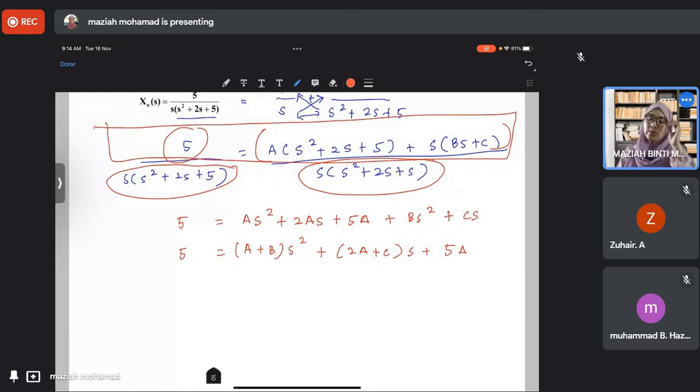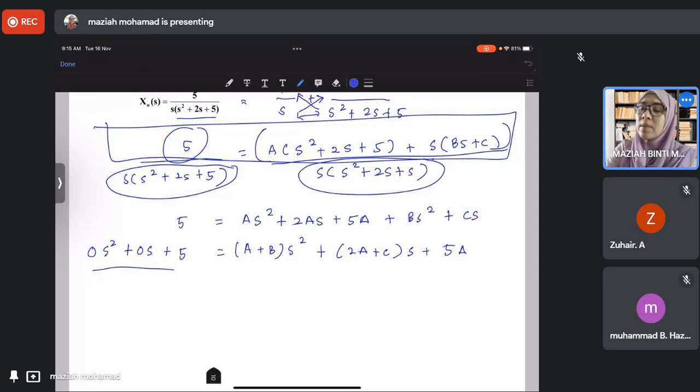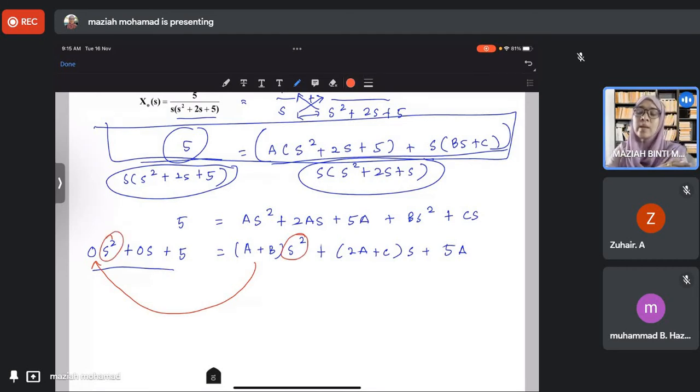We're going to compare, because this side is actually 0 multiplied with S squared plus 0 multiplied with S plus 5. So we compare S squared to S squared.